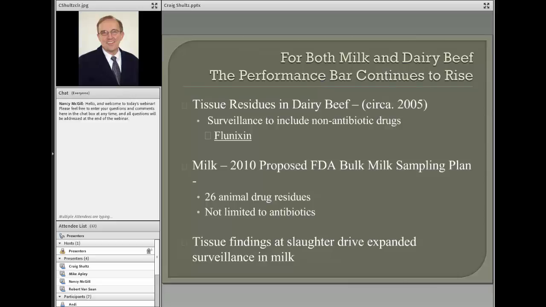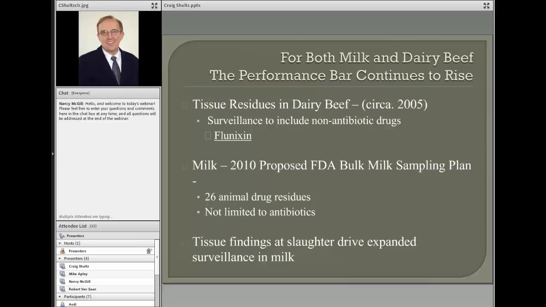So that program was supposed to be driven by cattle or dairymen that had a history of violative tissue drug residues in their slaughter cattle, and they were going to target these particular dairies and take a look at the bulk milk in these dairies, take samples of the bulk tank to see if they could find similar residues in the milk.